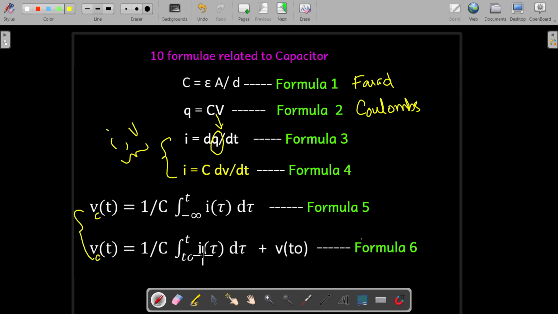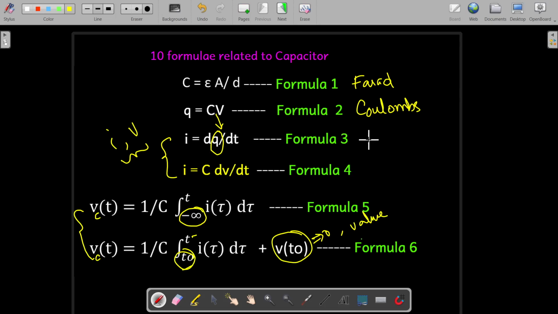The sixth formula: instead of minus infinity, which is not feasible, we go from the initial time t naught to the required time. At the initial time, we assume some voltage V of t naught exists. This may be equal to 0, or sometimes you will have some value for it. This is formula number 6.